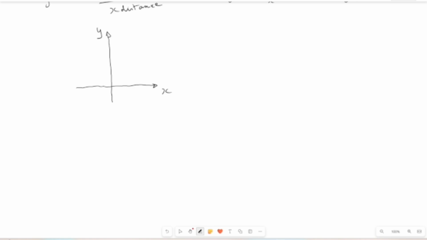Lines or slopes that go up and to the right, like these ones that I'm drawing here, are all positive slopes by convention, and lines that go down to the right are negative slopes by convention.